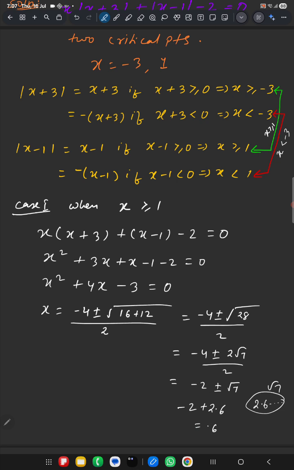But our condition is x ≥ 1. Can you see? Our condition is greater than or equal to 1, so the plus value is not possible, and the negative value is already not possible because it is negative.